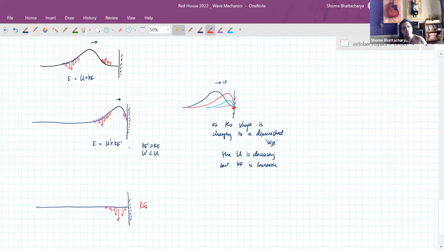So it has maximum kinetic energy and zero potential energy for an instant. And now next, the shape is progressing such that its size is increasing now.